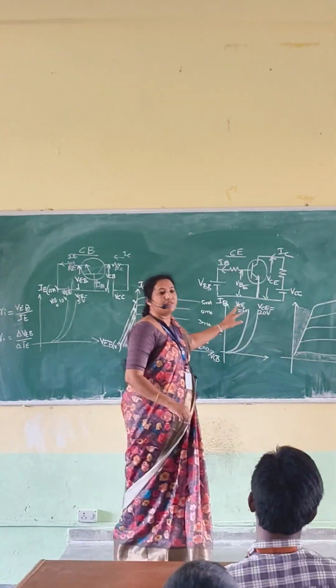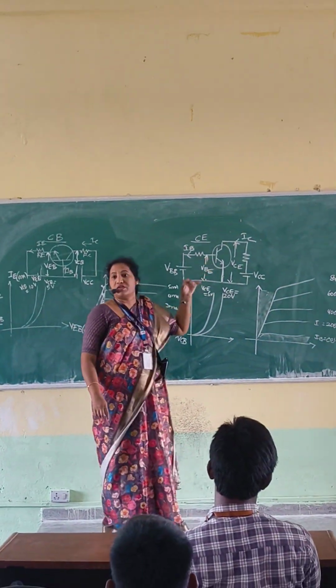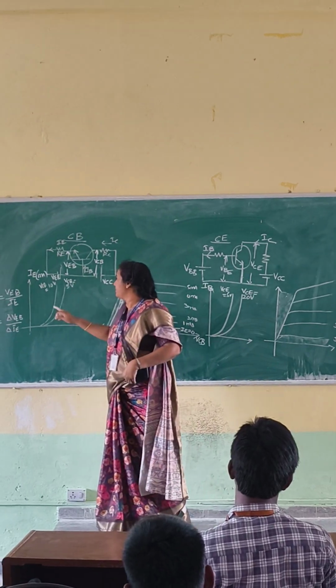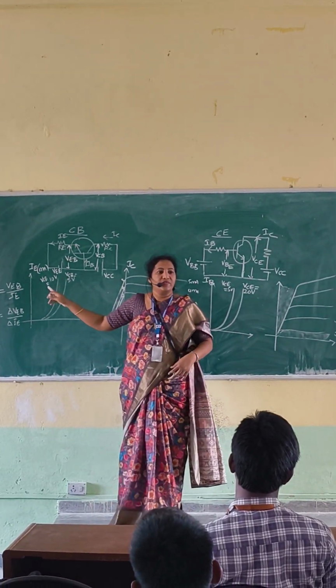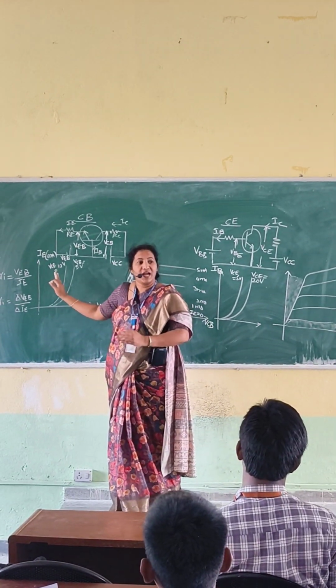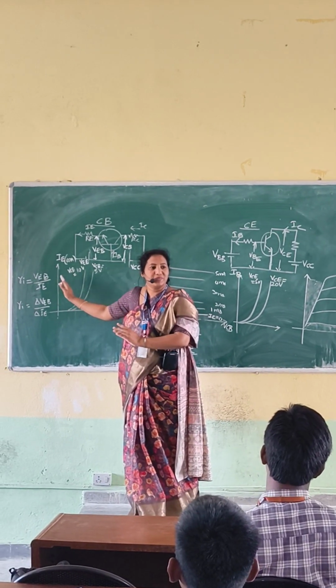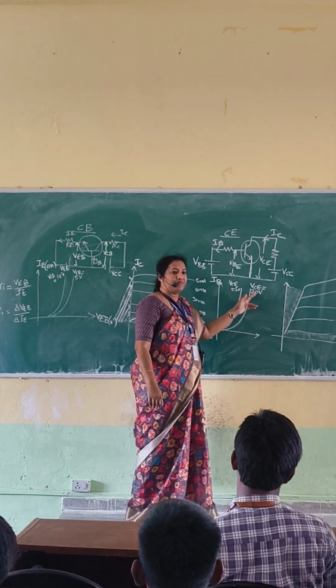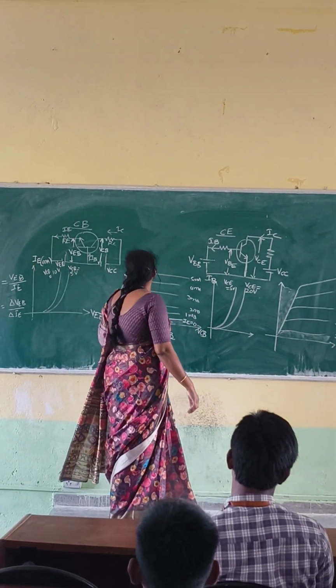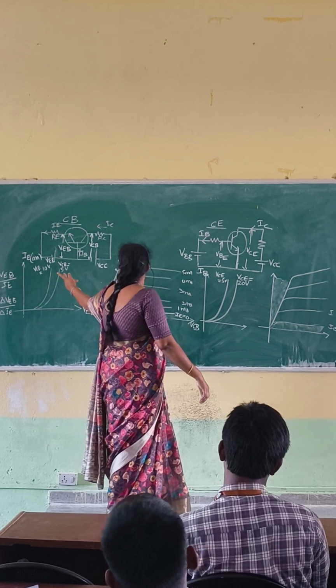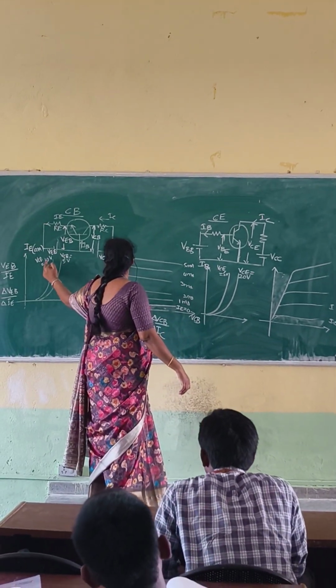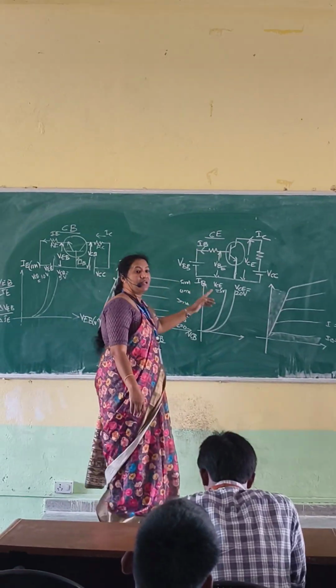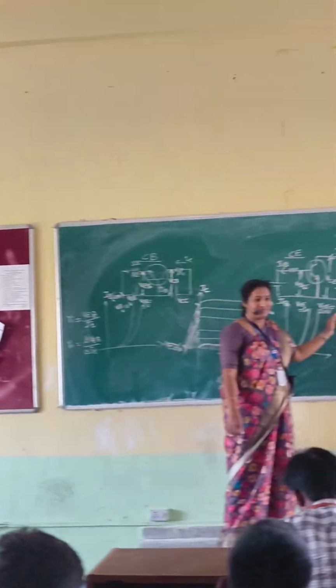What is the difference you are observing between common emitter configuration and common base configuration? Here, when I increase the voltage, my cut-in voltage point is being reduced, but here I am increasing the cut-in voltage.